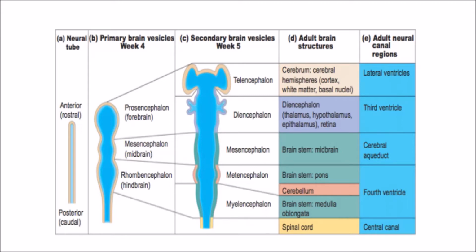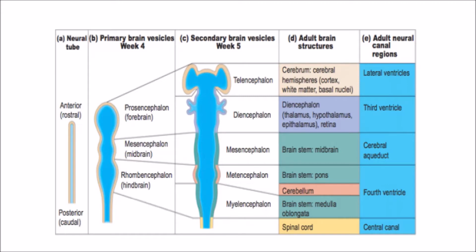Then over the coming weeks of gestation, they will form different brain structures. The telencephalon will form the cerebrum, or the main part of the cerebral cortex, and also the lateral ventricles. Diencephalon will form the central structures like thalamus, hypothalamus, and also the retina, and the third ventricle as well.